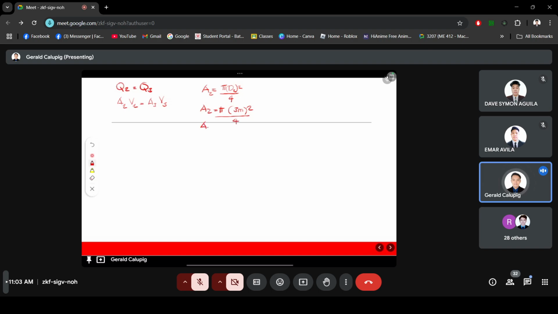So our area 2 will be 7.0686 meters squared.